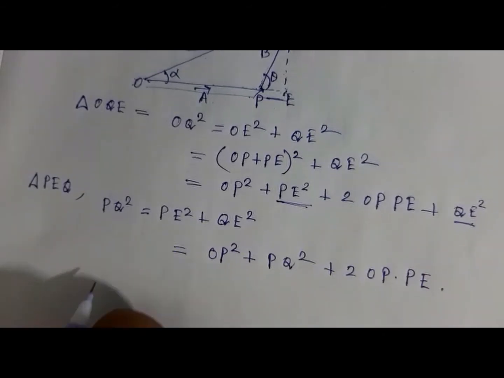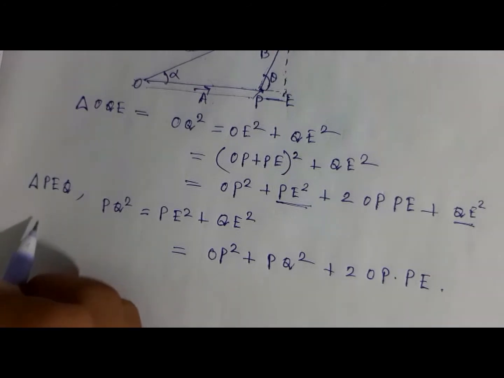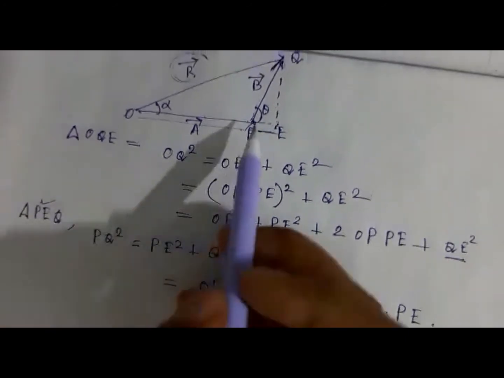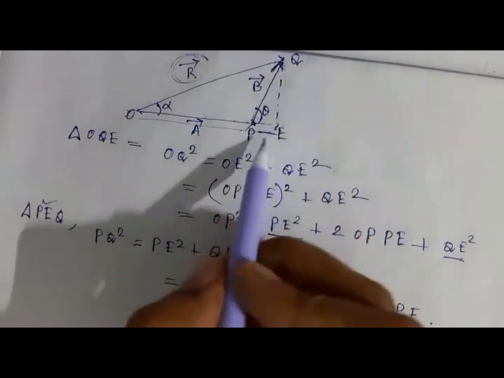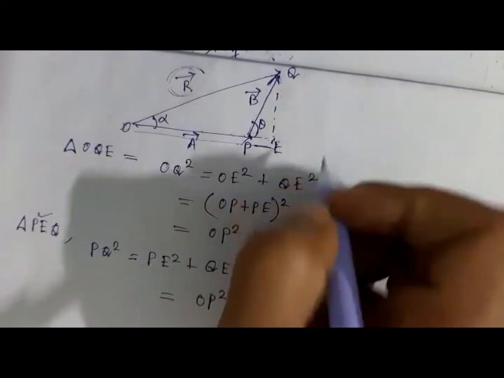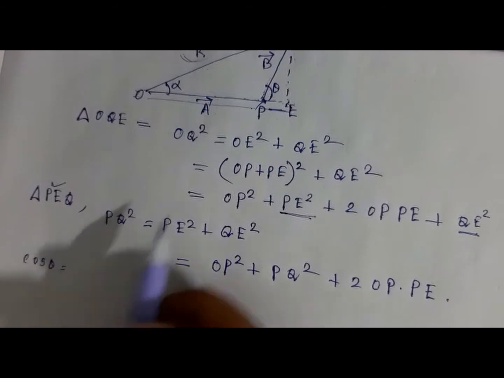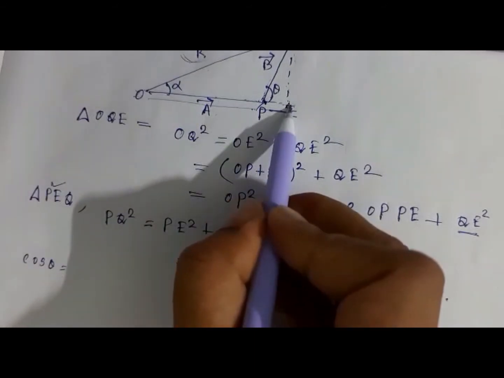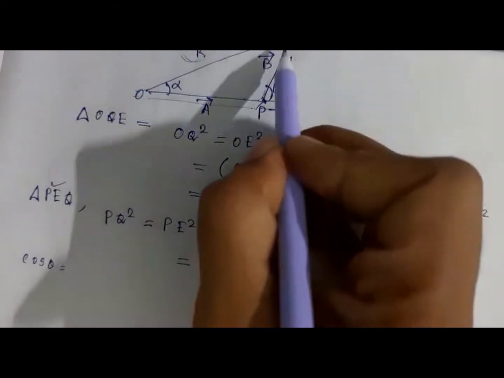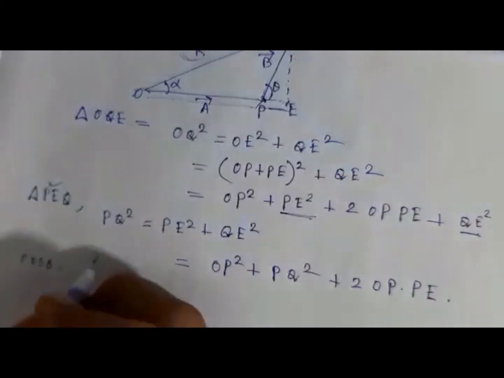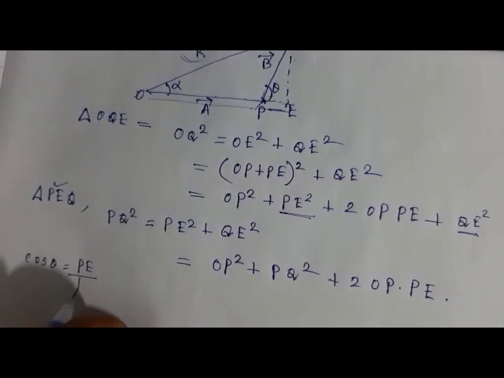Now for the same triangle PEQ, find out cos theta. Your cos theta is PE by PQ.